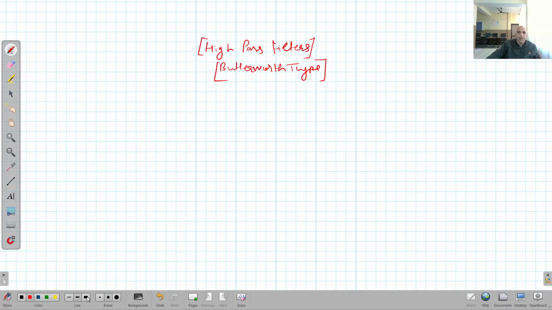We know in case of low pass filters, the frequency response was like this. Clear?